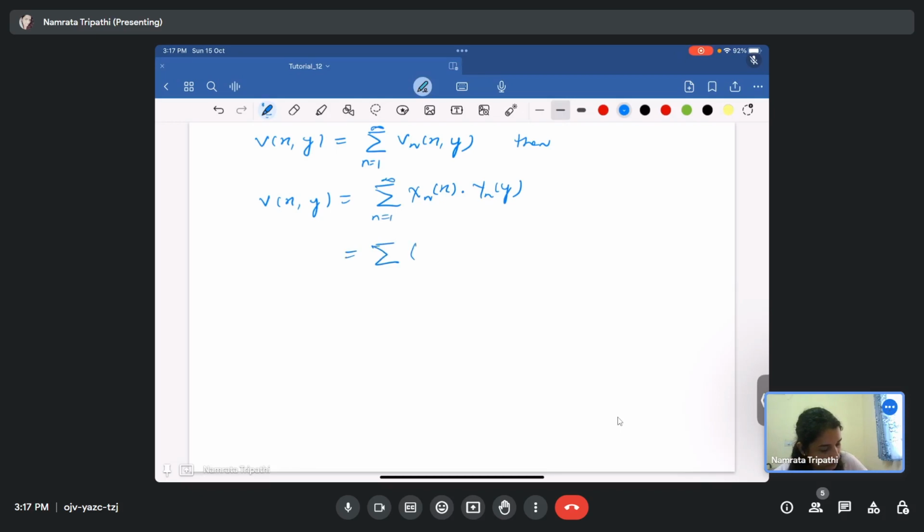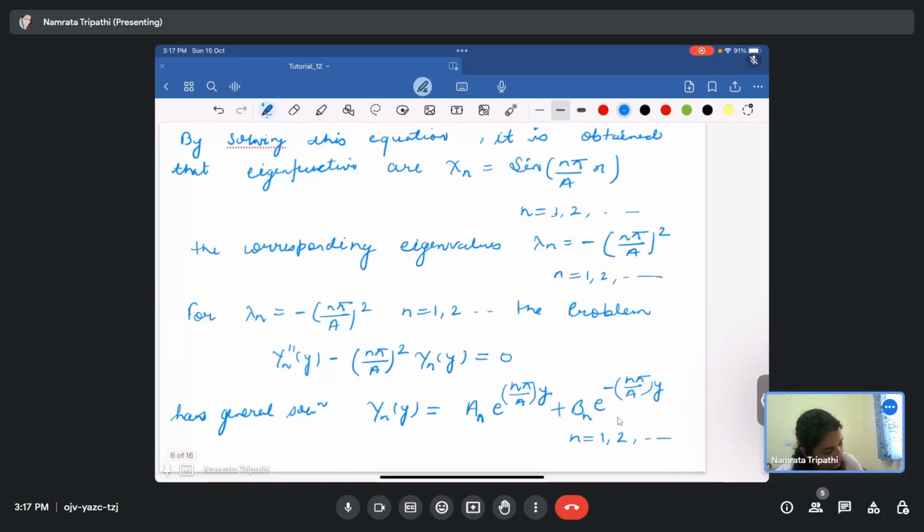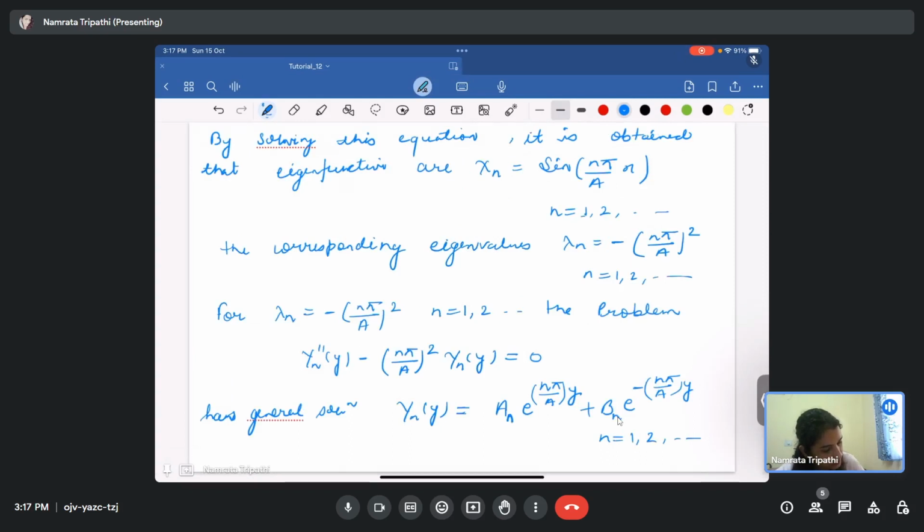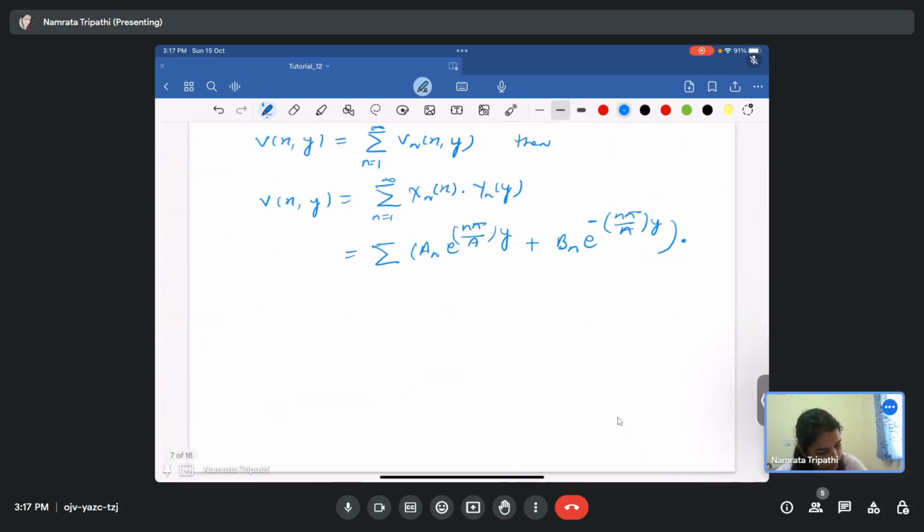We have solved for Yn, which is an e to the power n pi upon a y plus bn e to the power minus n pi upon a y. And the solution for Xn is sine n pi upon a into x.